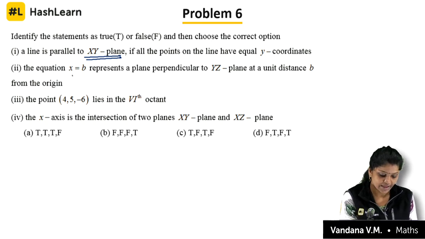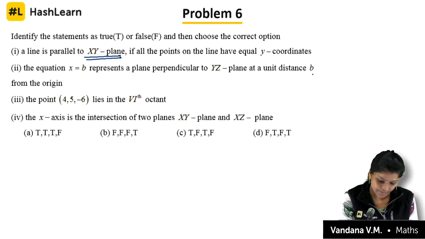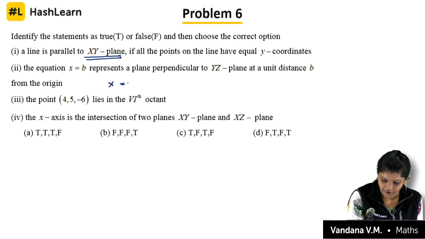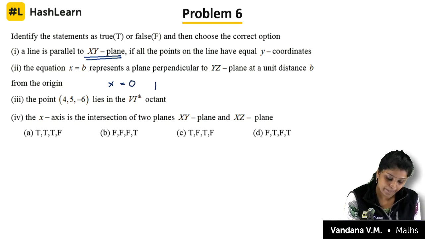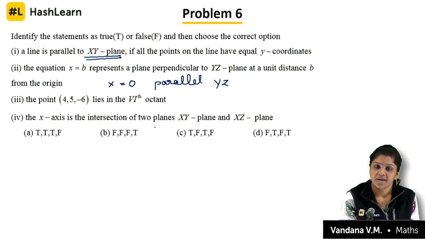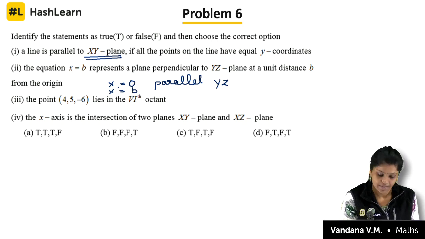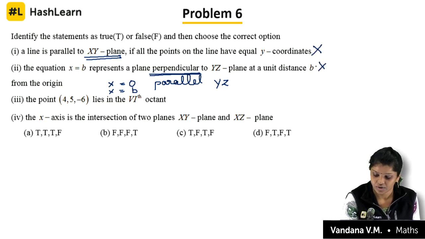Next, the equation x is equal to b represents a plane perpendicular to yz plane at a unit distance b from the origin. Suppose x is equal to 0, it is parallel to yz plane. This same thing, x is equal to b also, what is it? Parallel to yz plane, but they are telling that it is perpendicular to. So, this is also false.